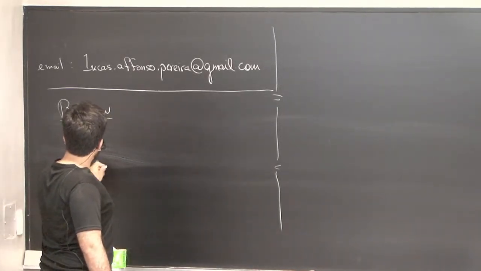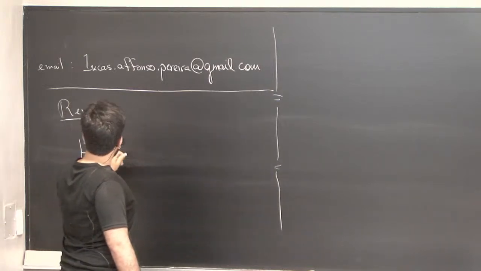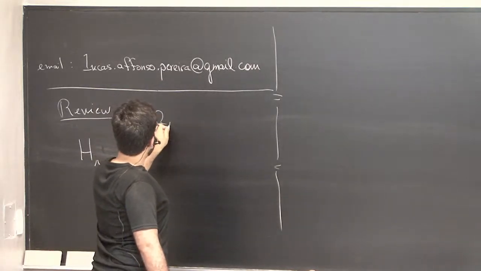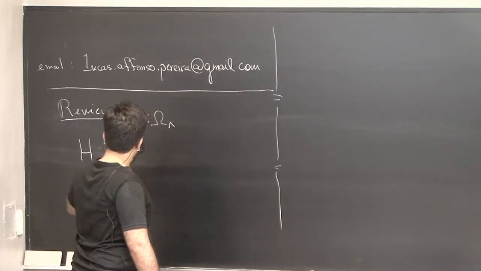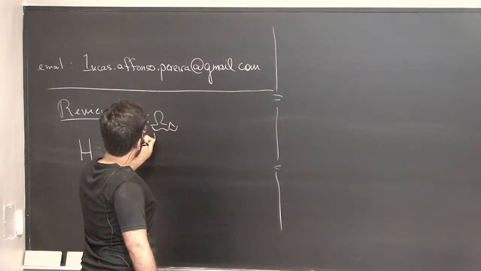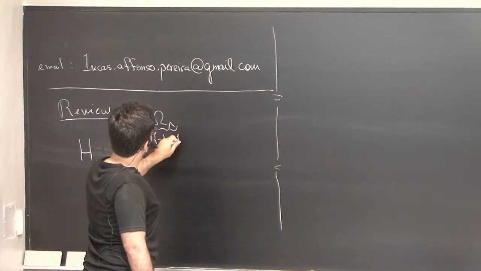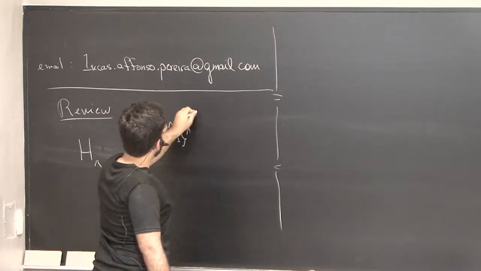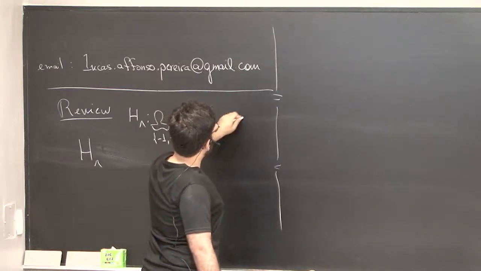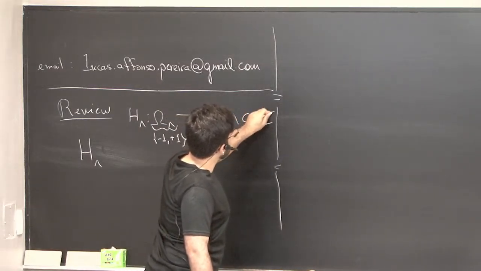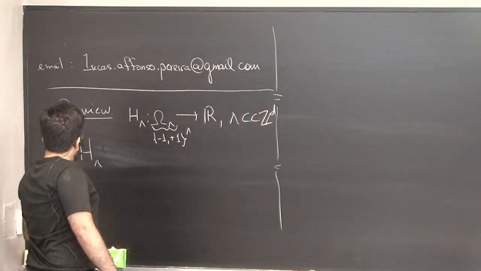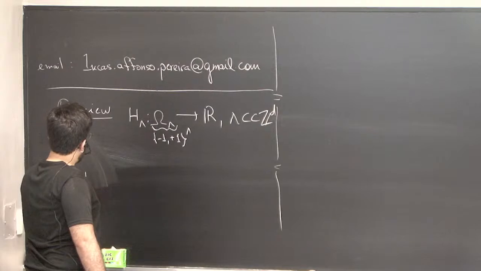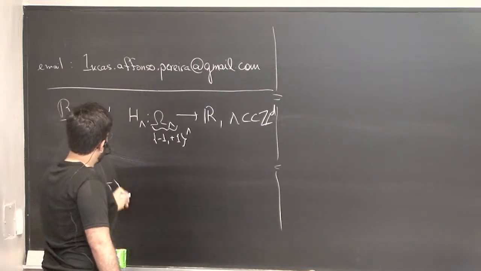The Ising model is one defined by a family of functions on the configuration space, and this configuration space is just {-1, +1}^Λ, where Λ is a finite subset of Z^d. And the model is defined by this expression.